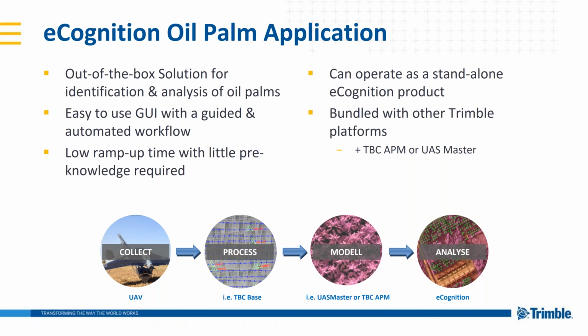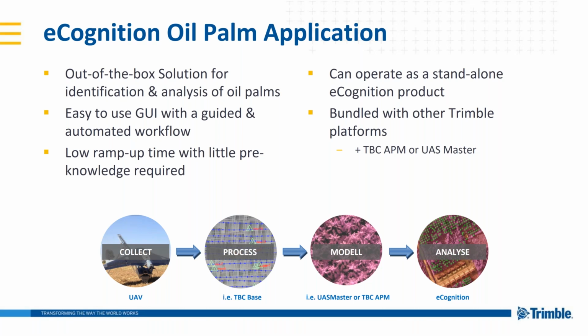But you can also use this product with additional Trimble products and platforms. For example, you can combine the eCognition oil palm application with the TBC APM or UAS Info UAS master packages.